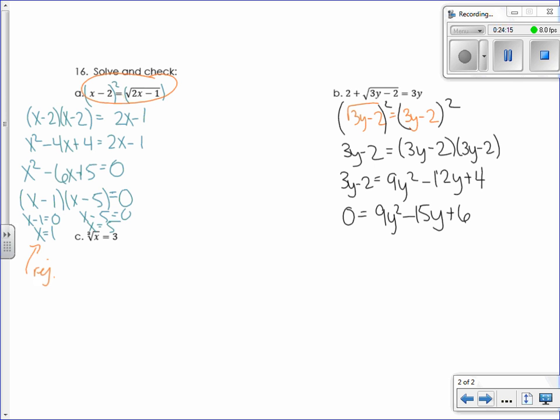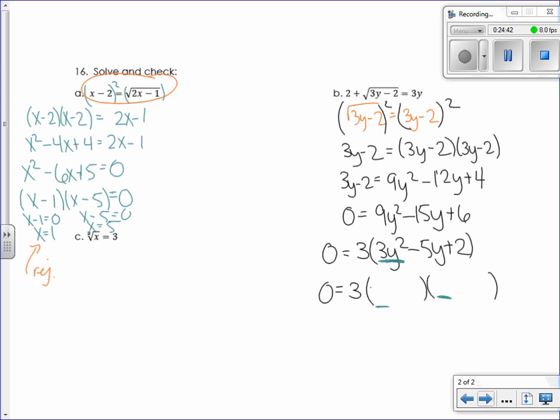The first thing we look for in factoring is a GCF, and these have a GCF of 3. If I pull a 3 out of everything, I'm left with 3y squared minus 5y plus 2. Keeping that 3 out there, the first part of my brackets are things that multiply together to give me 3y squared.